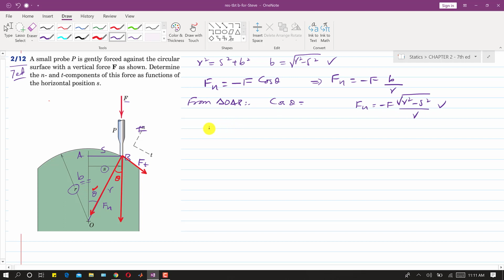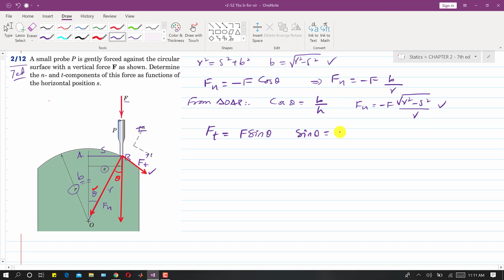Now F of T will be equal to F sine of theta, and this is along the positive T direction, right? Cos of theta was base divided by hypotenuse, so what will sine of theta be?